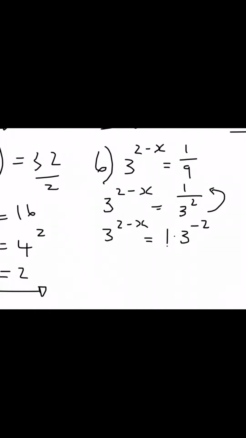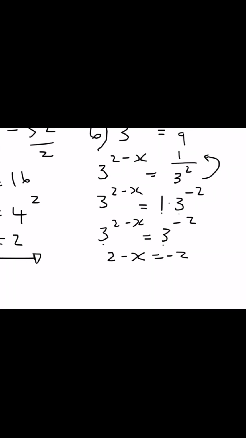So you see now, this times that, definitely anything that is being multiplied by 1, it doesn't change. So you now have your 3 to the exponent of that being equated to 3 to the exponent of that. Bases now are the same. So you end up having your 2 minus x being equal to negative 2.